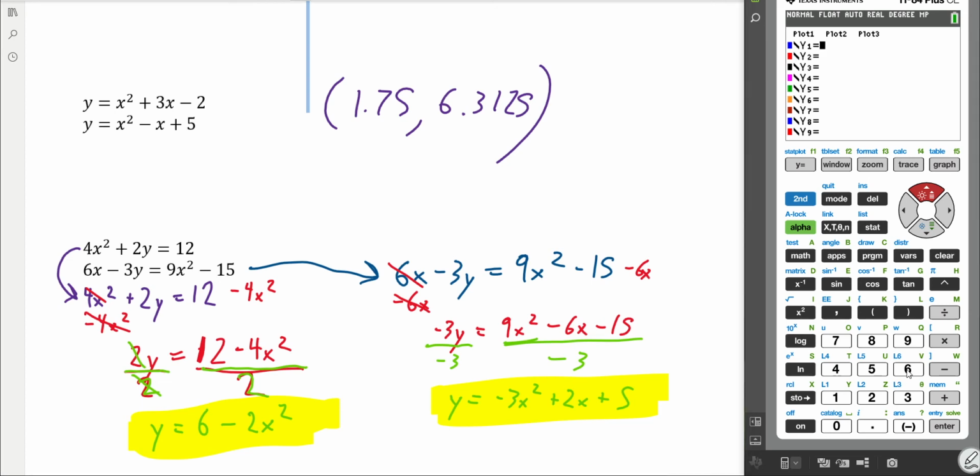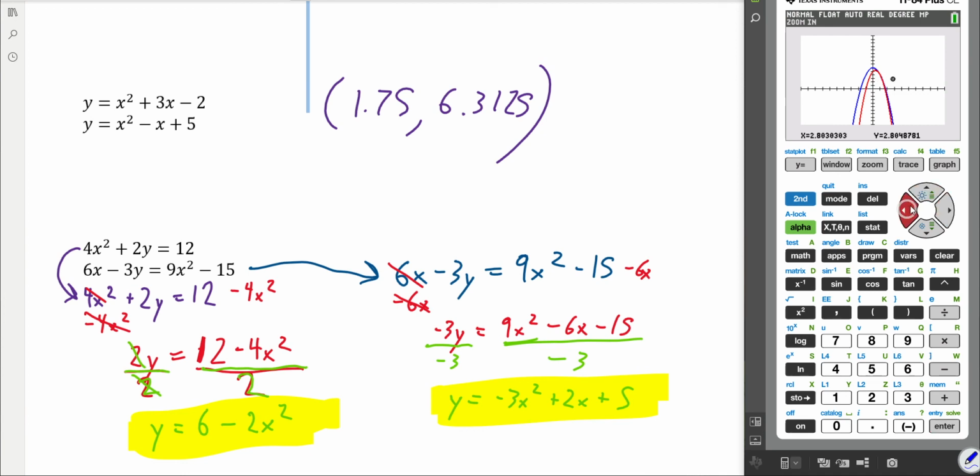So y equals 6 minus 2x squared, and our second equation is negative 3x squared plus 2x plus 5. And so now we can plug those two in, and it's hard to tell if those two are 1, 2, or 0 intersects.